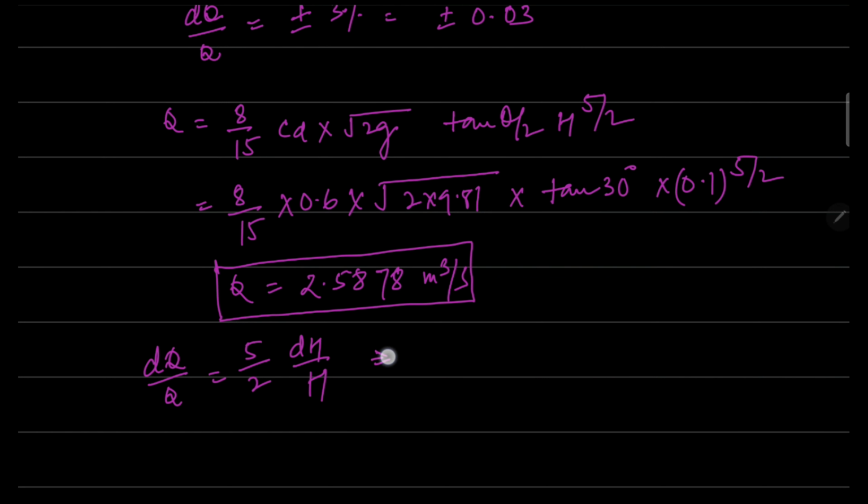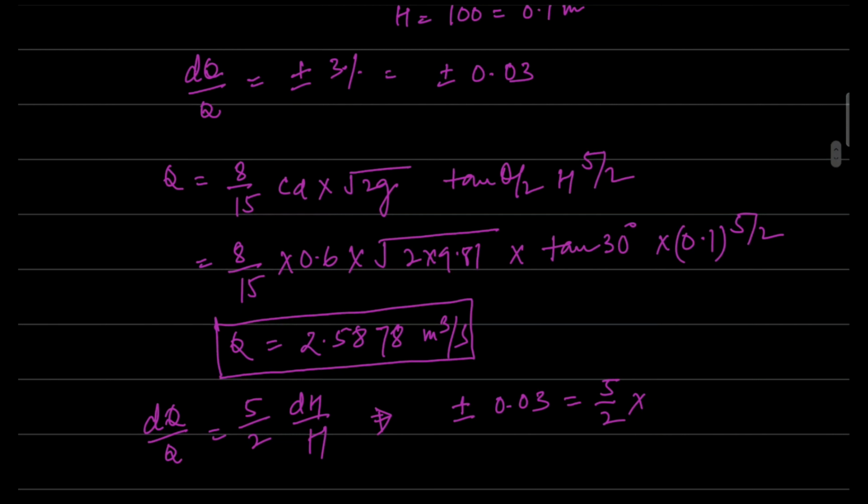So we are already aware that dq over q is allowed, that is plus minus 0.03, equal to 5 by 2 dh over h. Dh is what we have to determine.